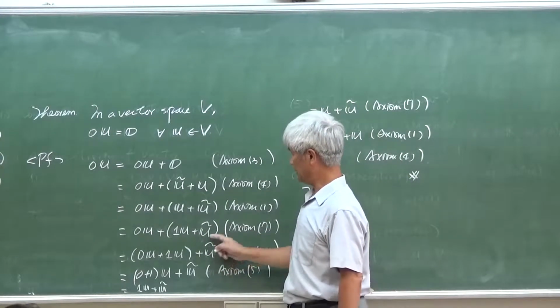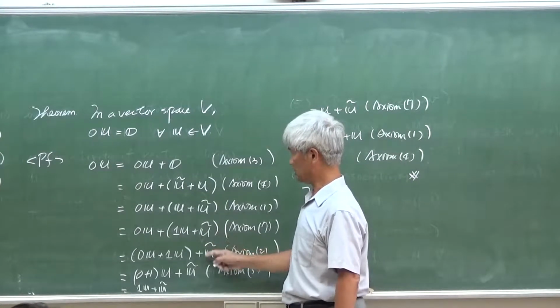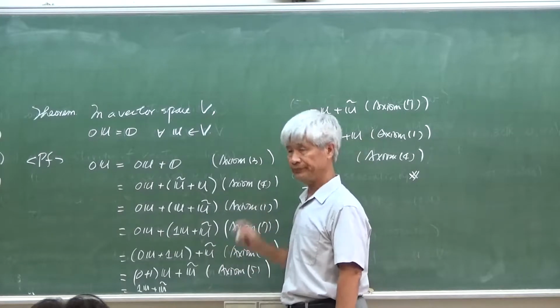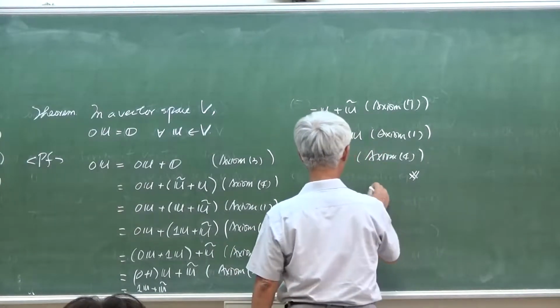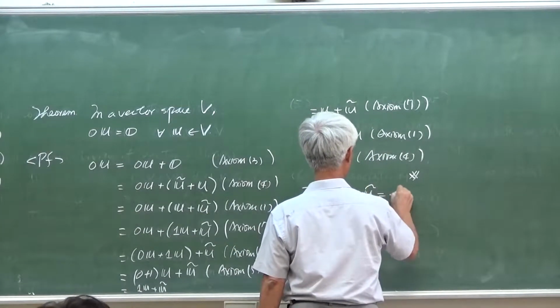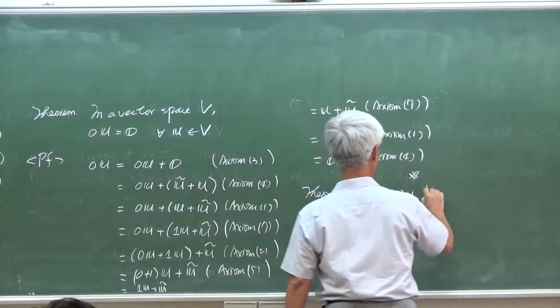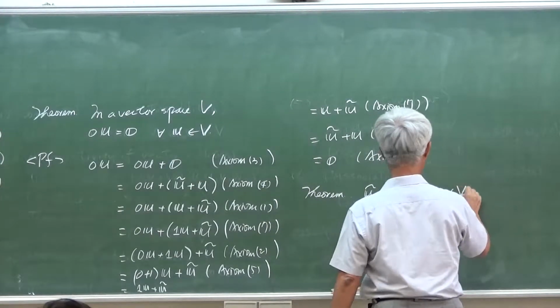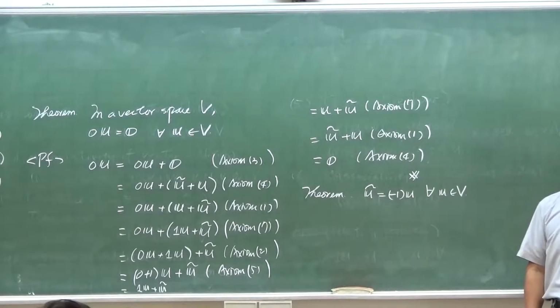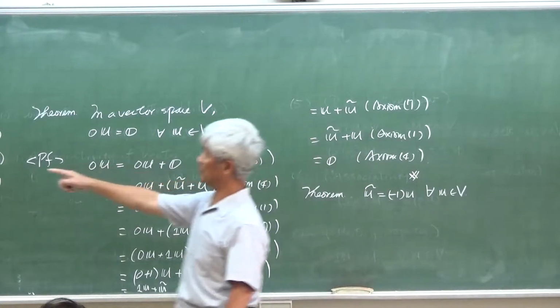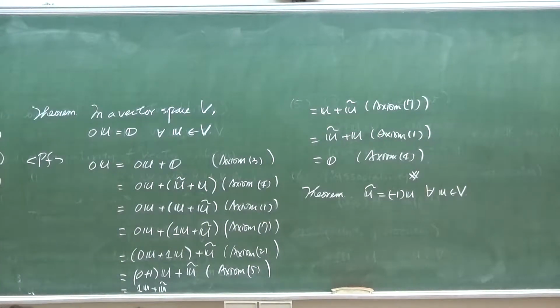Okay, right. And so now we answer the question: can we have a more sensible notation for the additive inverse of u? So the theorem is that the additive inverse of u is equal to minus 1 times u for all u. This is quite natural. We know from the theorem that for any vector u, there's one and only one additive inverse.